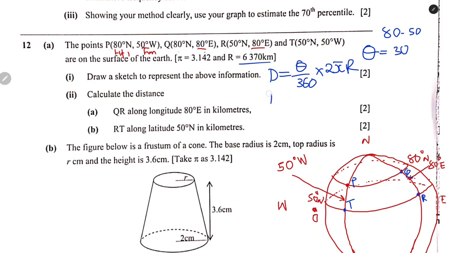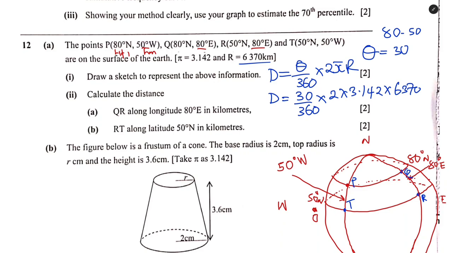Okay, I guess you've gotten that. So distance is equal to 30 divided by 360 multiplied by what? 2 pi. Let me put pi. Pi is given as 3.142. So 3.142 multiplied by 6370, which is the radius.